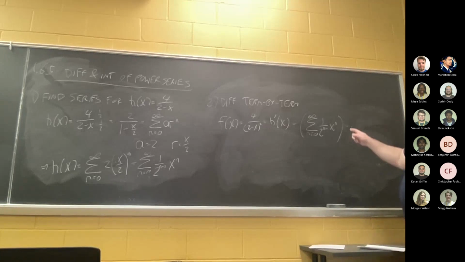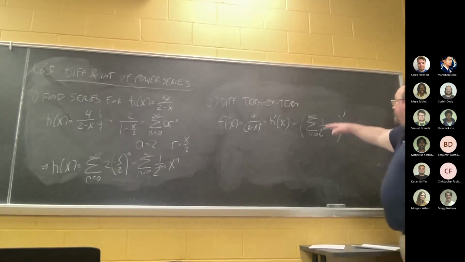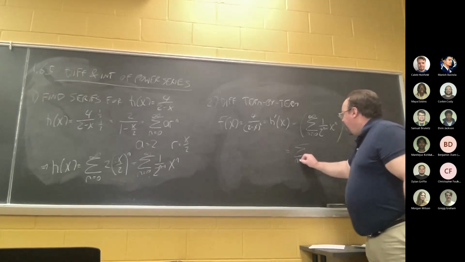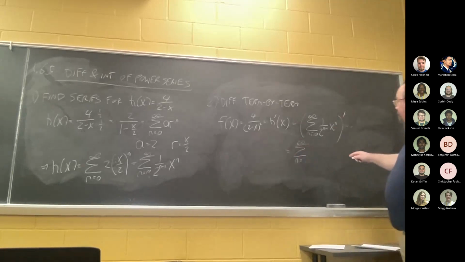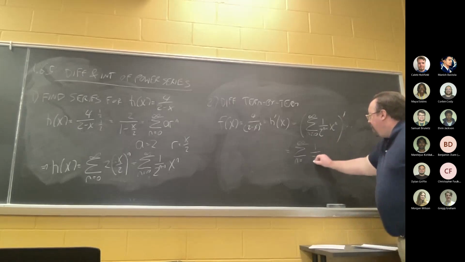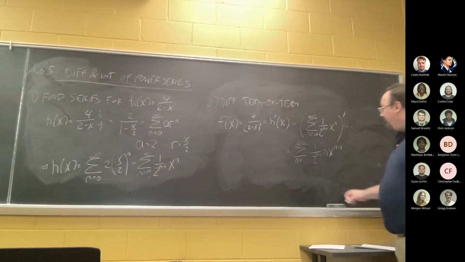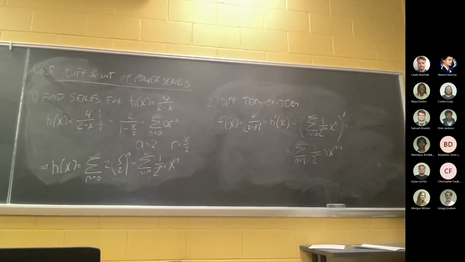So we take a derivative term by term. We have 1 over 2 to the n minus 1, then n x to the n minus 1, and I'm going to start from n equals 1 because, as we saw before, the first term is just going to be 0 anyway when you take the derivative, because the first term of a power series is always a constant.